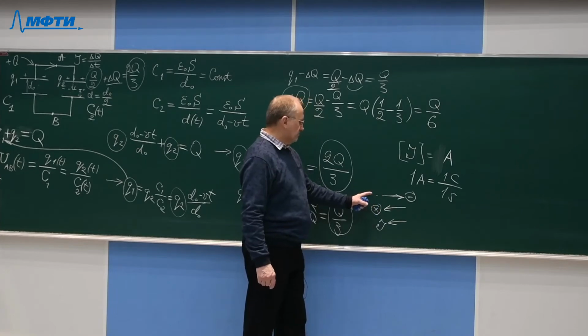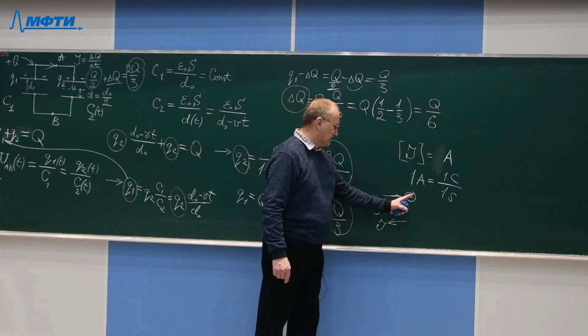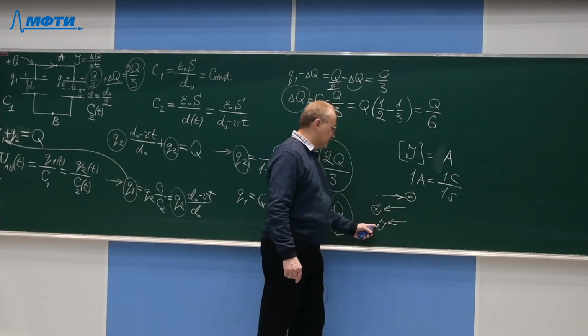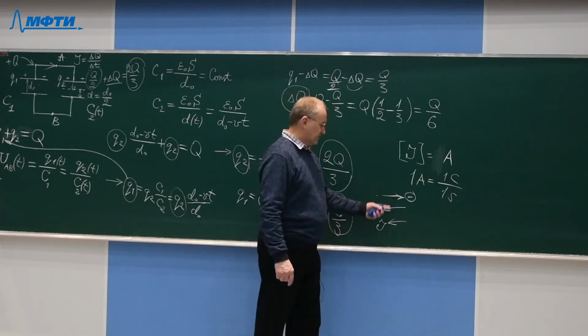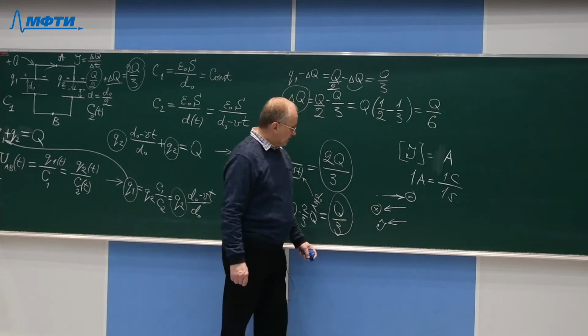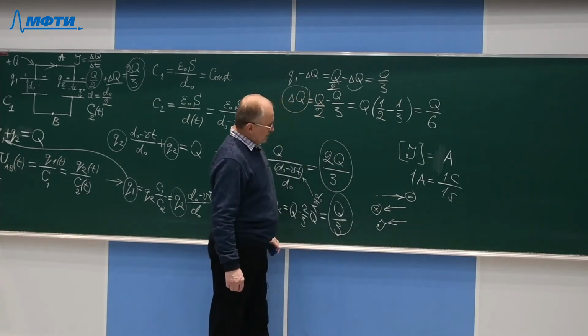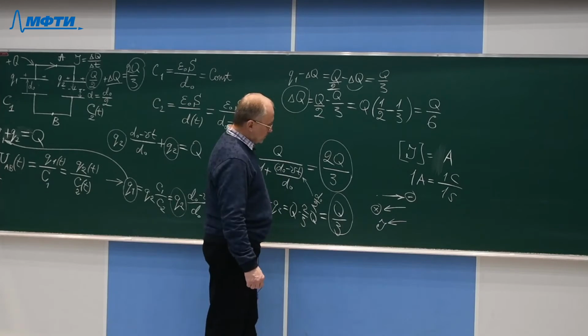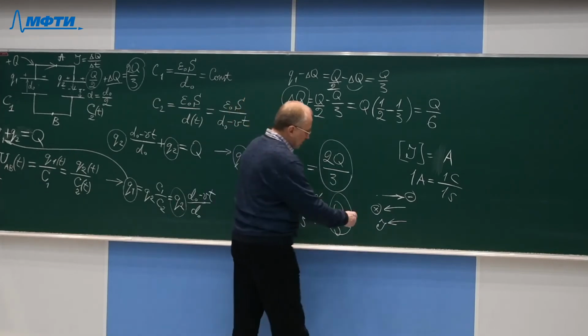And the motion of negatively charged particles is always opposite to the direction of electric current, because their motion is opposite. So this convention is very useful, it's very convenient.